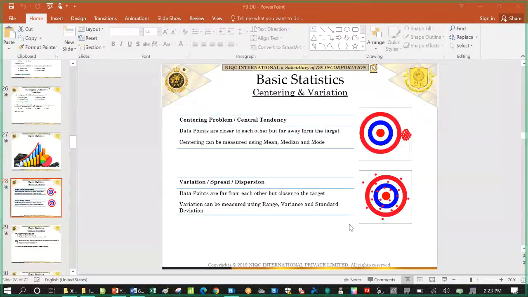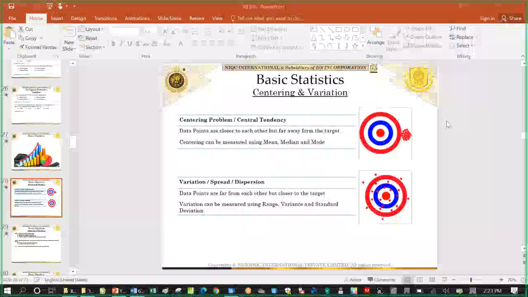So all of them are very close to each other. They are giving similar results, but the passing criteria was very different. It was much higher. So this kind of problem, we can say, is a centering problem in your data. Got it, sir.